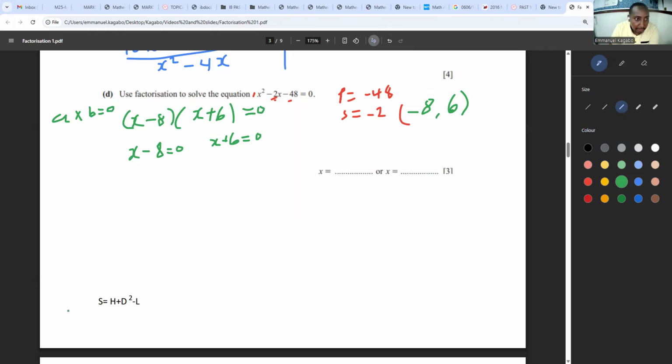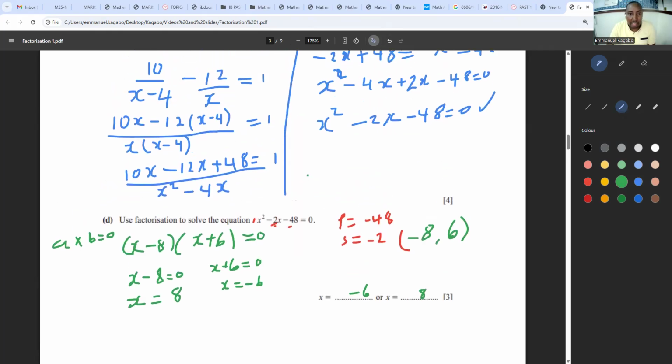Okay? Now, what about here now? The first value of x here will be equal to 8. The second value of x here will be equal to negative 6. So negative 6 here, and then 8 here. And that's it.